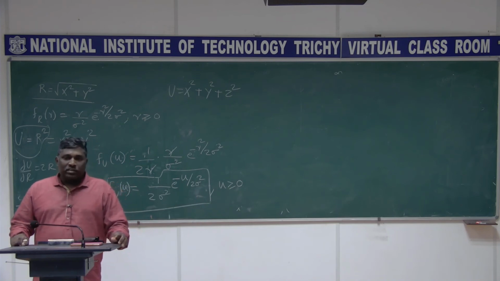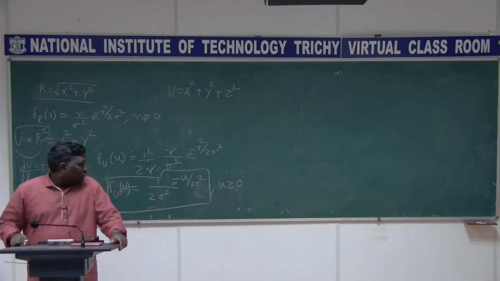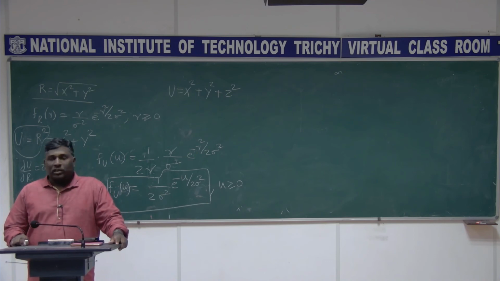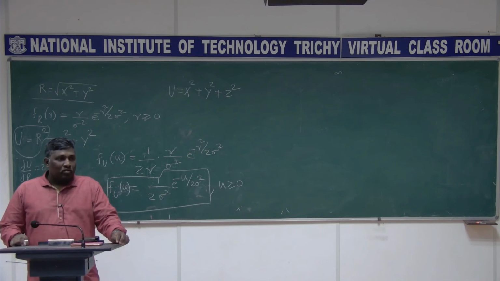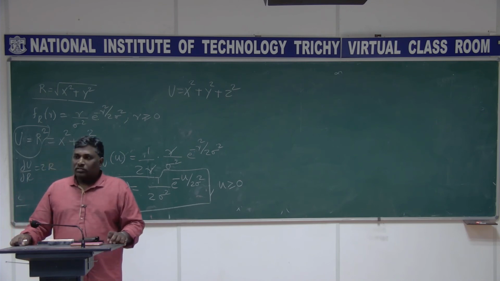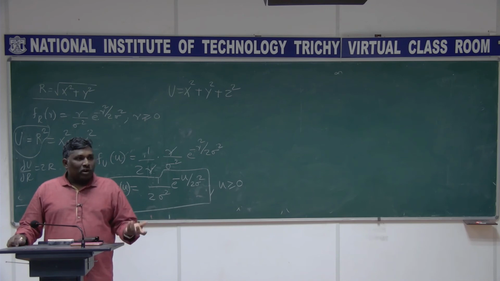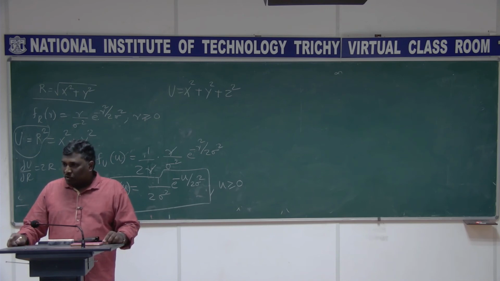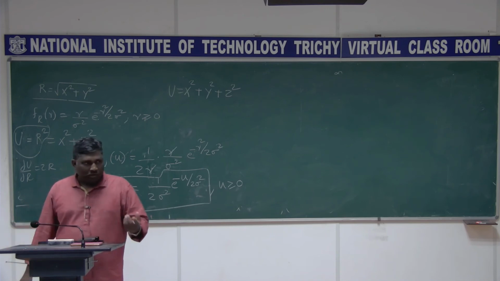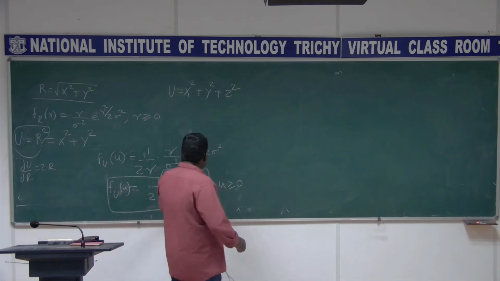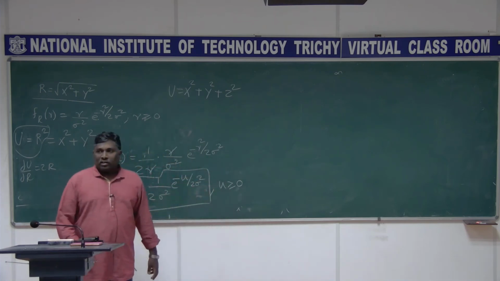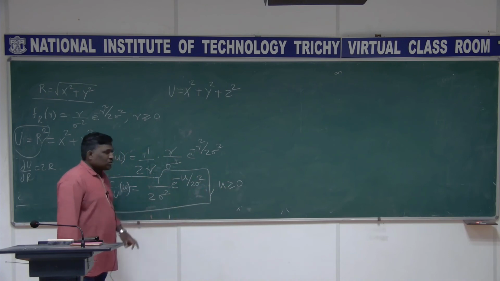Fu of u is equal to 1 by 2 sigma square e power minus u by 2 sigma square, for u greater than or equal to 0. That's very important. For less than 0, it is 0. So now what is that expectation? Integral of u into fu of u du. You call 1 by 2 sigma square as lambda.